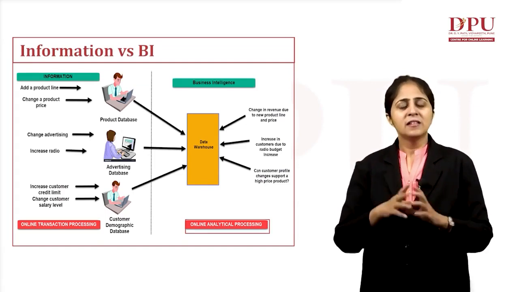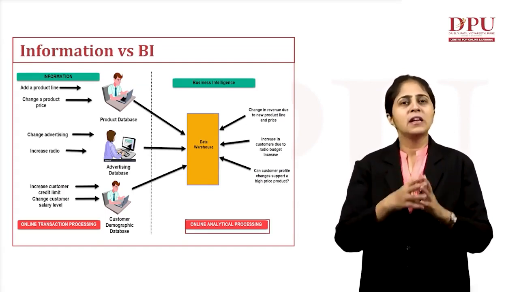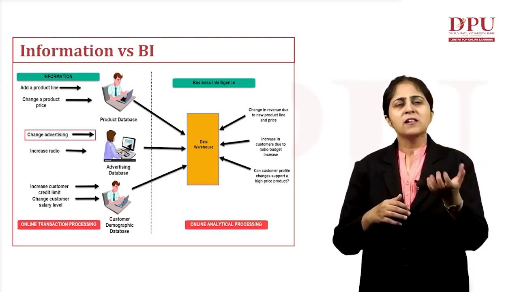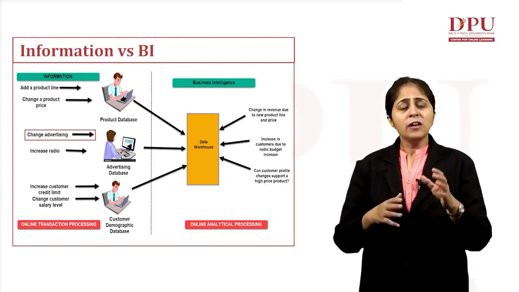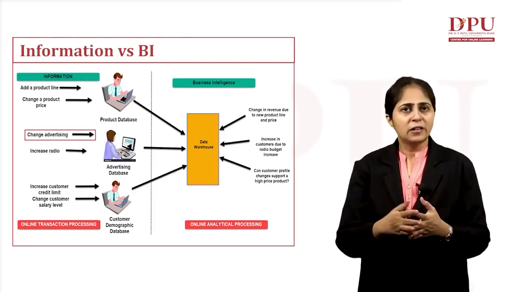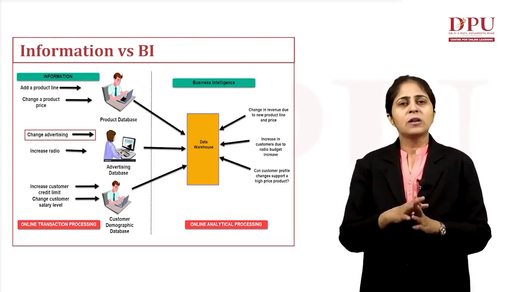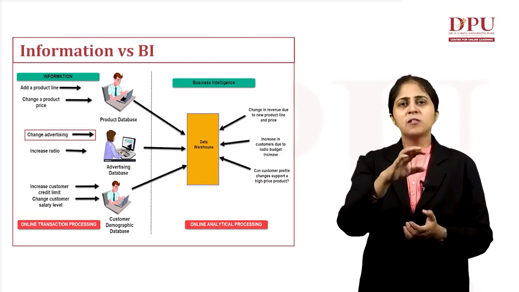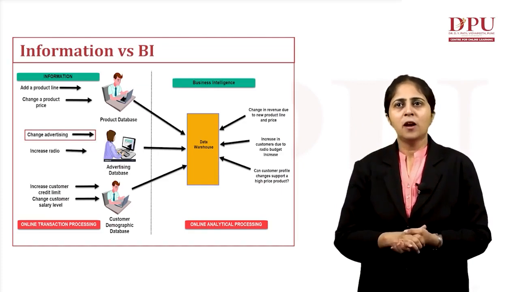Similarly, let us say there's a person who is taking care of the advertising part. Suppose he decides to change the advertising, or he decides to increase the radio. That will again be stored in his advertising database. This database information will go to the data warehouse.